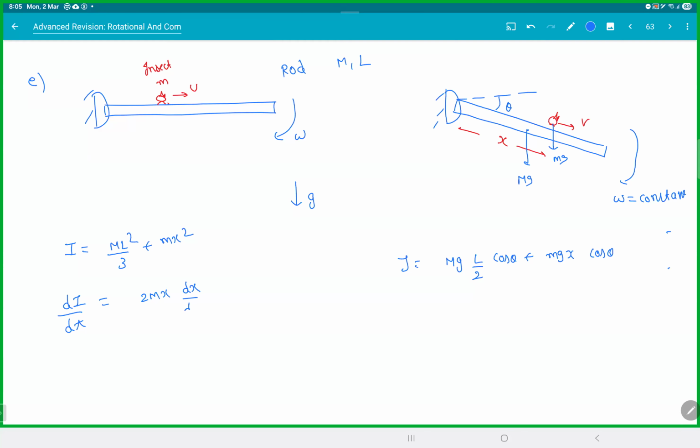The dx by dt is the velocity of the insect along the rod. And then you write torque is equal to I d omega by dt. So here d omega by dt is 0 plus omega dI by dt. This term is gone. So substitute, you will get v from here. Easy?